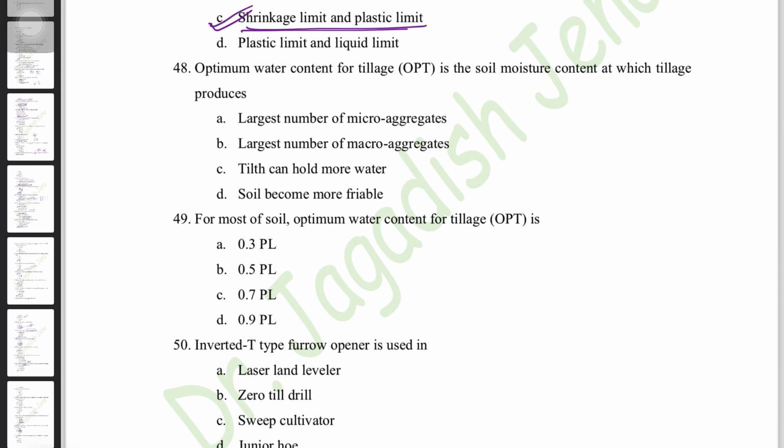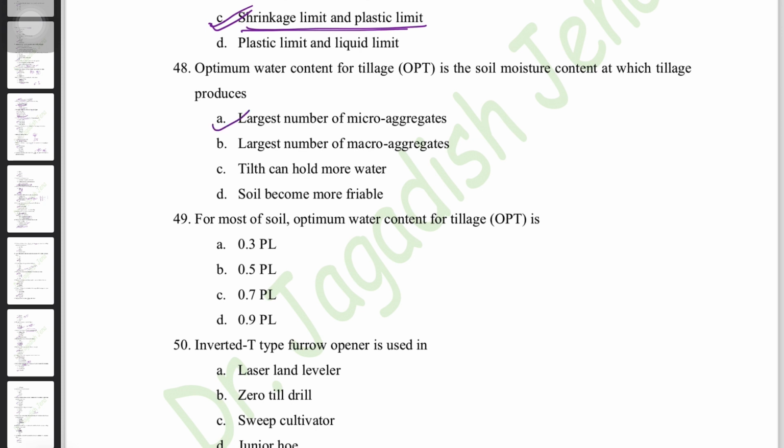Optimum water content for tillage, that is called OWT, is the soil moisture content at which tillage produces the largest number of macro aggregates, tilth can hold more water, and soil becomes more friable.